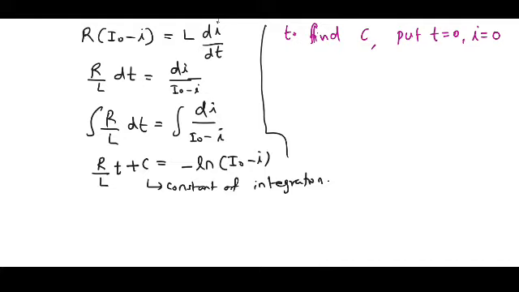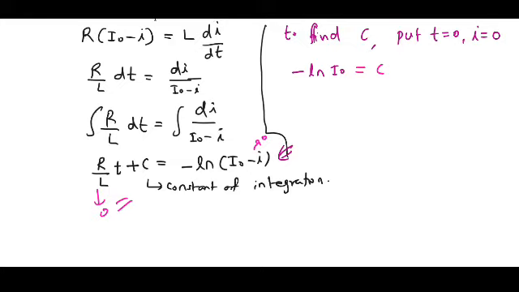Then put all these values into this expression. The left hand side will be, sorry, the right hand side, natural log I0, because I is equal to 0 at time t is equal to 0. Then on the other side, at time t is equal to 0, this term is 0, and the remaining term is c.